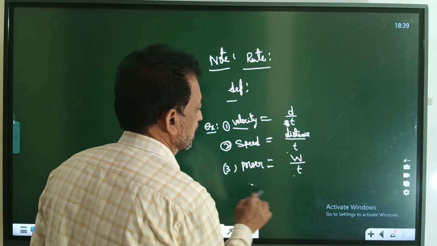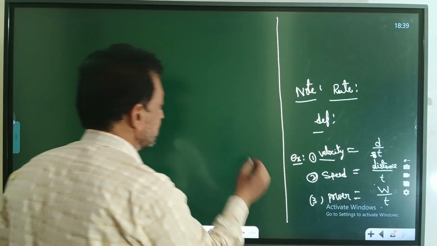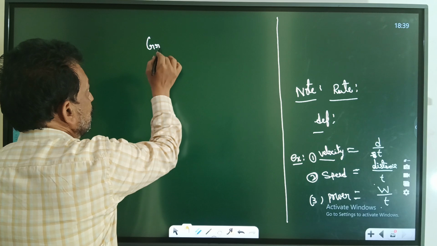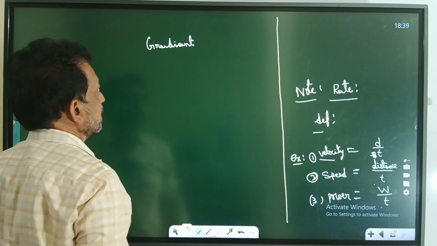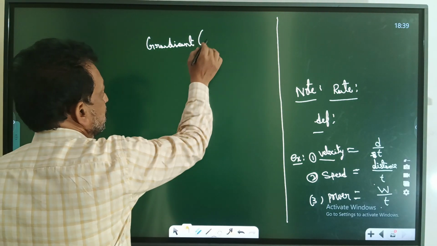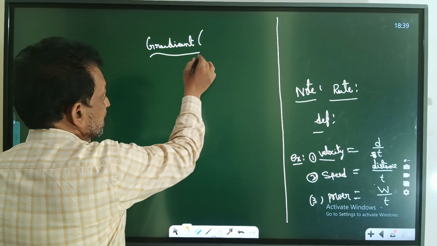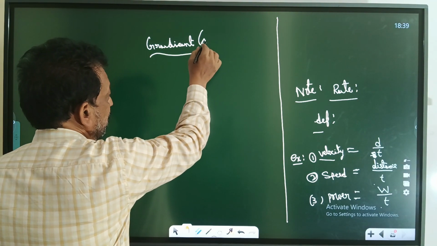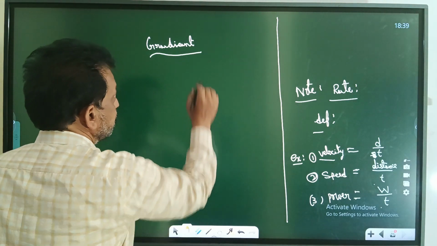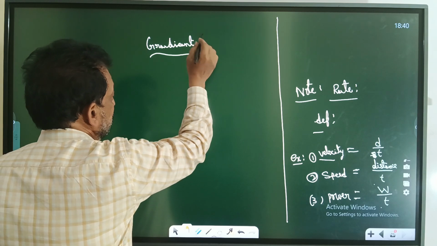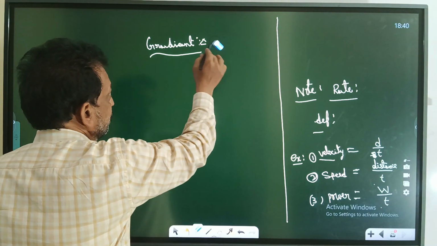Next, gradient. The actual simple gradient is the del operation.